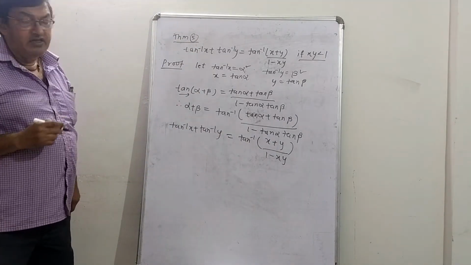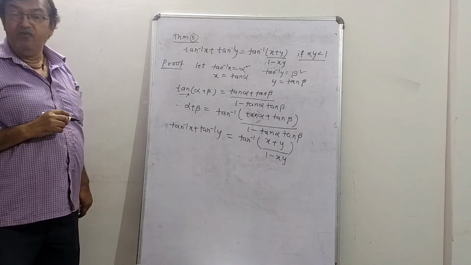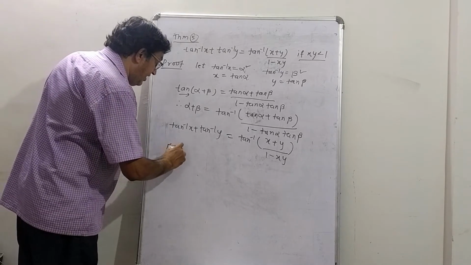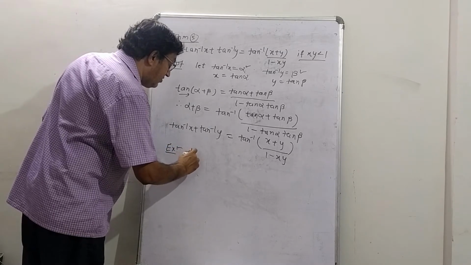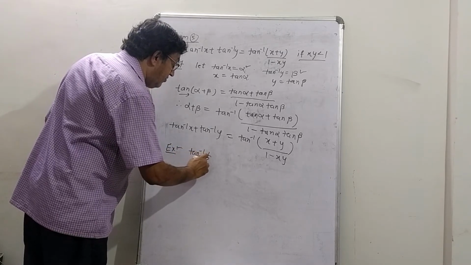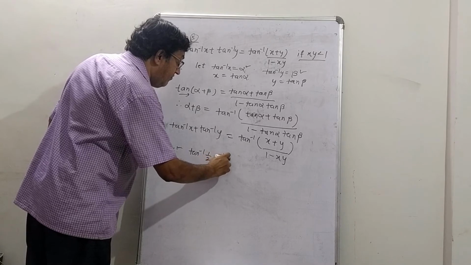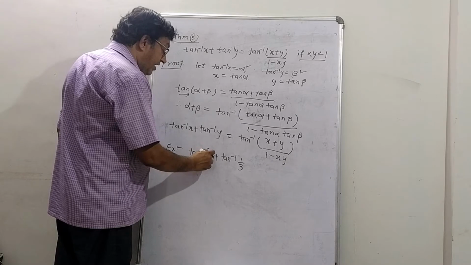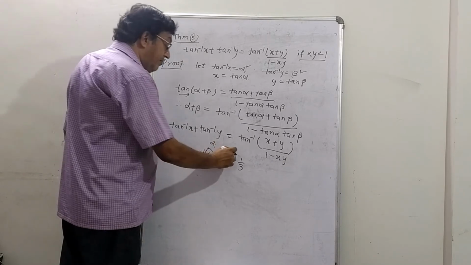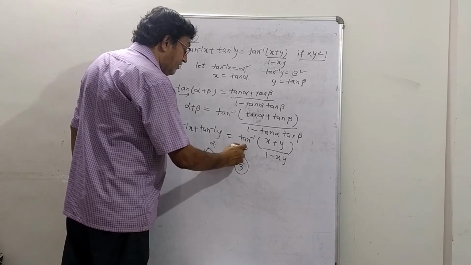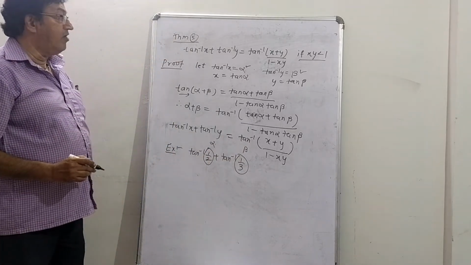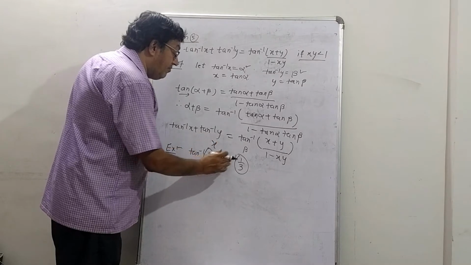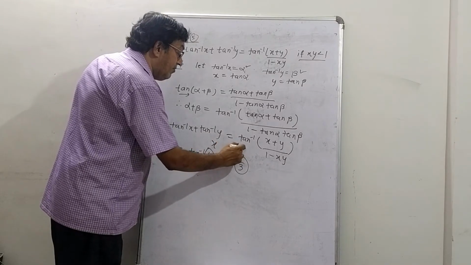Now the condition is x into y is less than 1. What do you mean by this? For example, if I take tan inverse of 1 by 2 plus tan inverse of 1 by 3, here instead of alpha I have taken x. 1 by 2 is x and 1 by 3 is y.